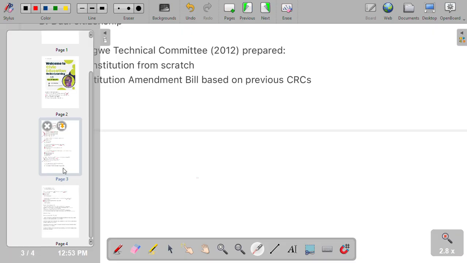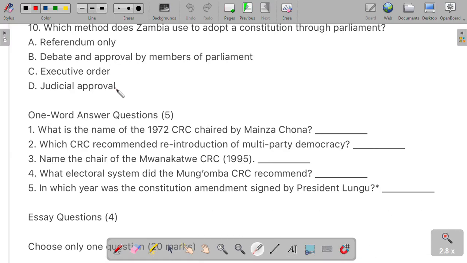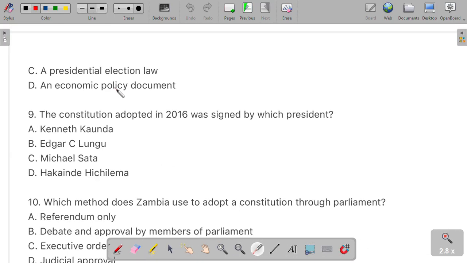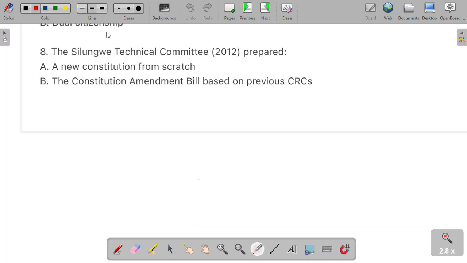Let's see the previous multiple choice questions. C, presidential election law? D, what's our correct answer? Question 8. Our correct answer is B. Let's continue.